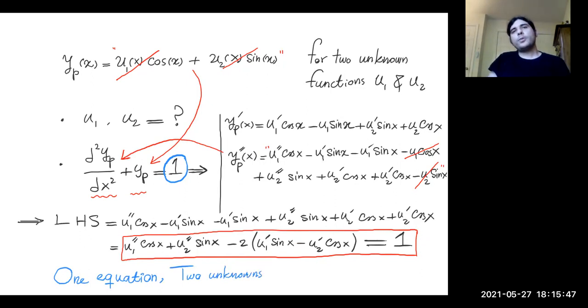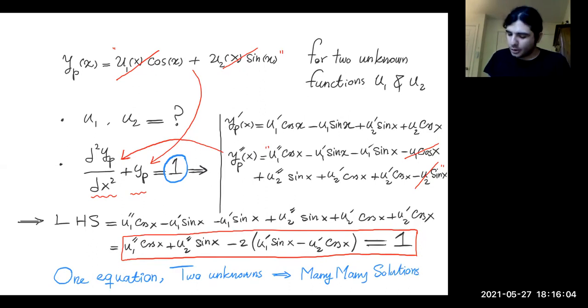Usually when we have one equation and two unknowns, you might expect to have many solutions. I would not go into explaining what it exactly means. There is a theory to explain that, called the elliptic theory of partial differential equations, but here we have an ODE, and anyway I do not want to get into that.